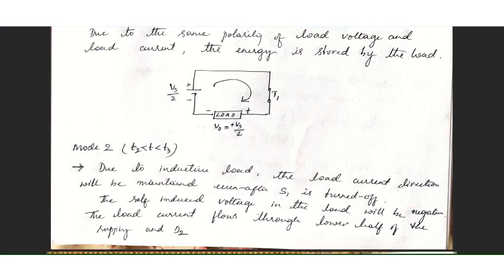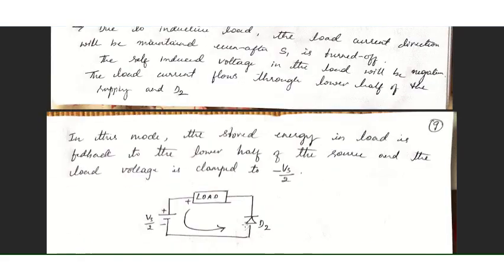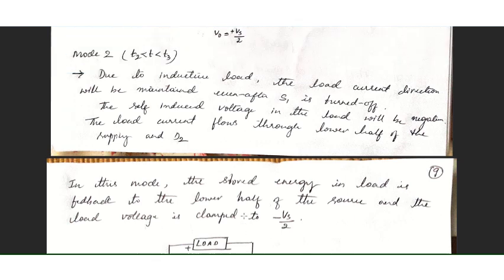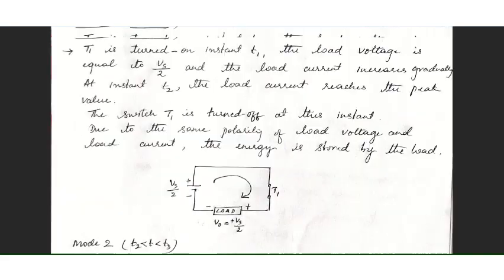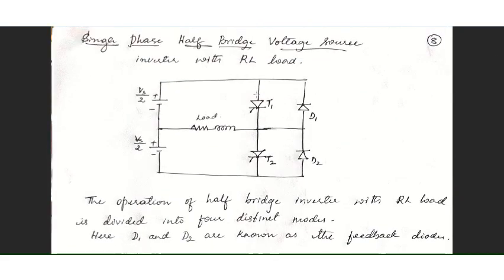So because of that, D2 in the circuit will be getting forward biased, because let us go to the main circuit.